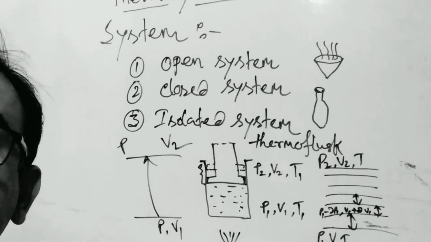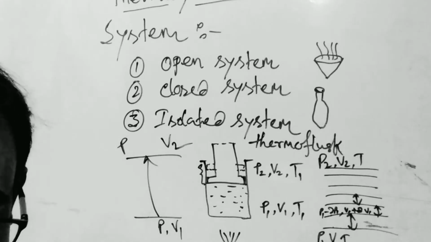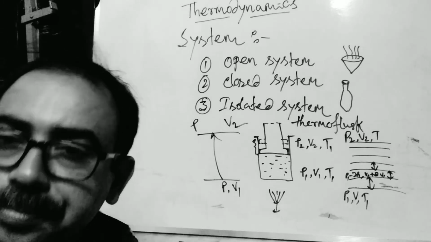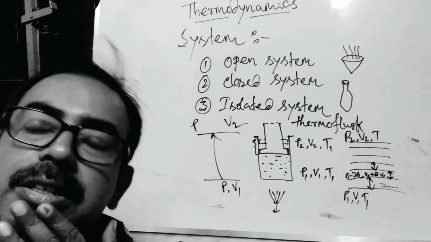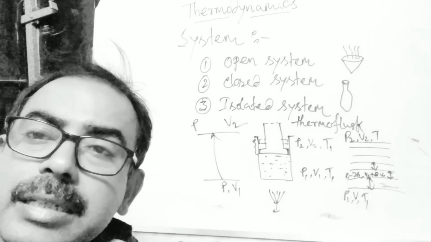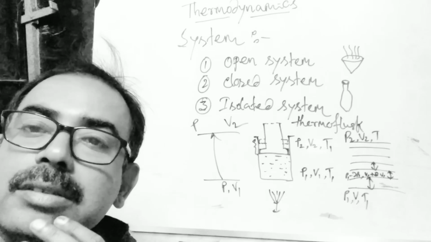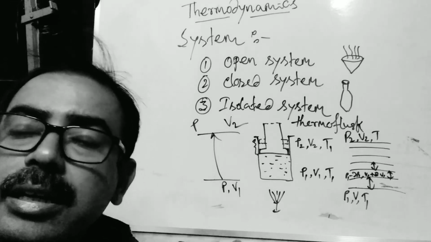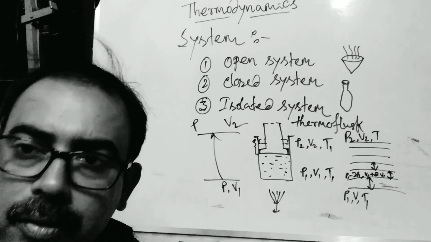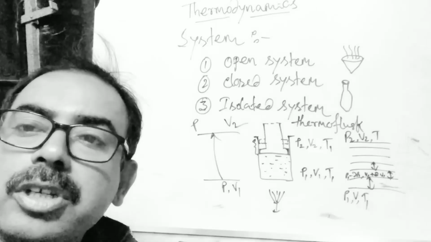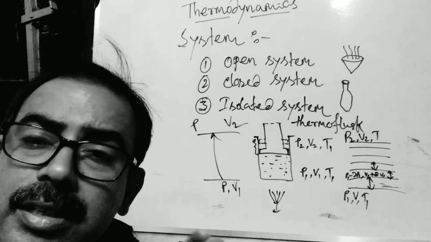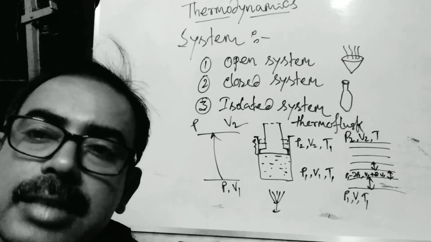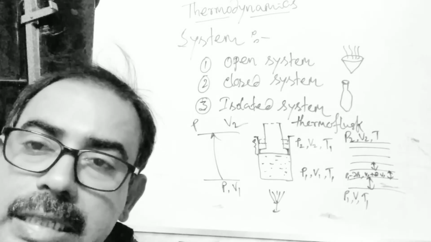Now, if any thermodynamic property like enthalpy, work done, entropy, or internal energy change does not depend upon the way of the change, that is, whether it is an irreversible change or a reversible change, if it remains the same, then that function is called a state function.